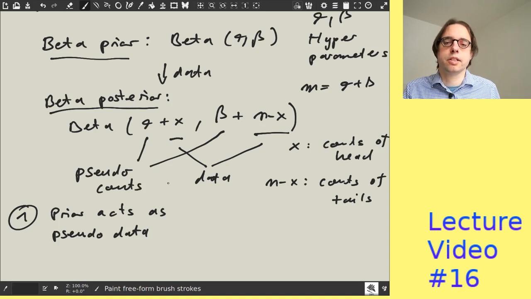Alpha is the pseudo count for the heads and beta is the pseudo count for the tails.